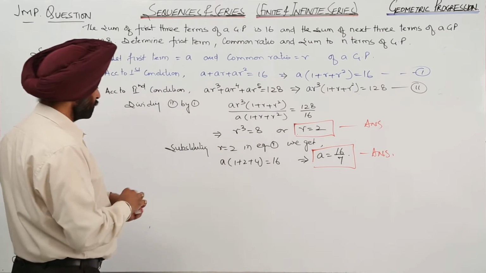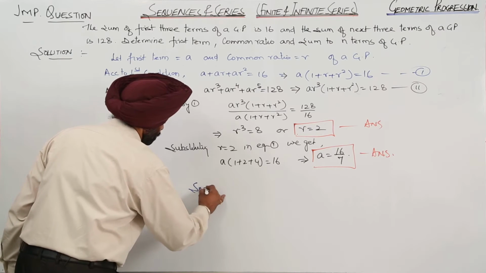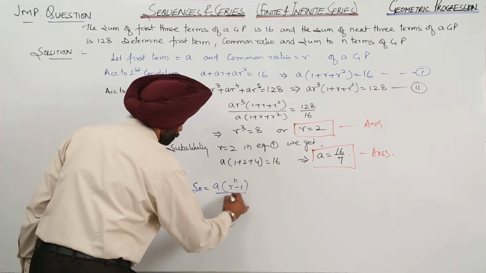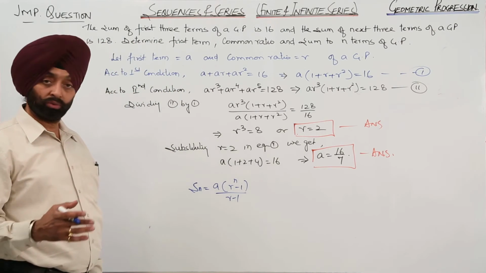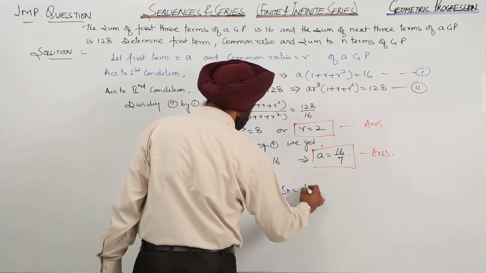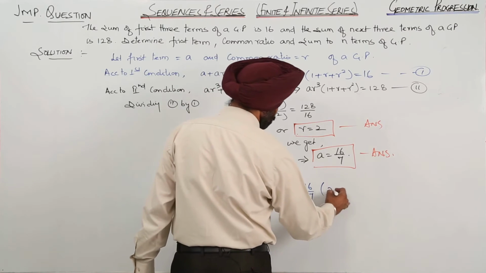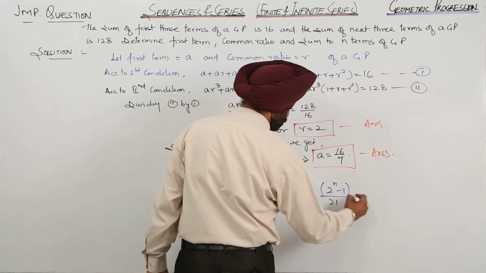Now, the third thing which we have to find, that is Sn. Now, Sn is equal to A(R raised to power n minus 1) upon R minus 1, because R is what? R is 2, greater than 1. Okay. So, Sn is equal to 16 by 7 times (2 raised to power n minus 1) upon 2 minus 1.